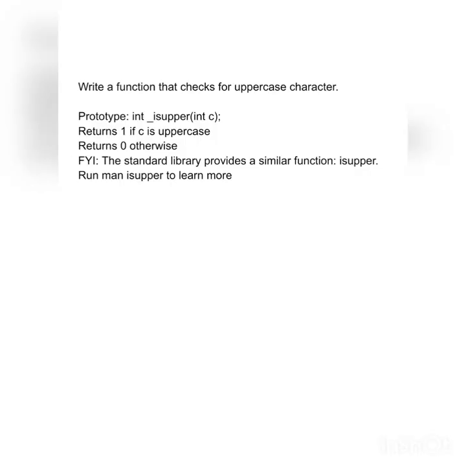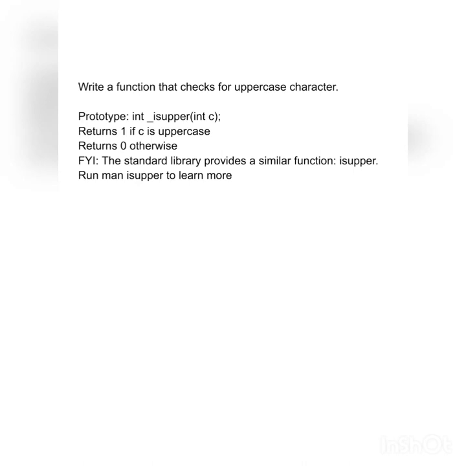Task 0. Write a function that checks for an uppercase character. It returns 1 if c is uppercase, returns 0 otherwise. We did something similar to this in the function nested loop. They're just trying to make you understand fully.